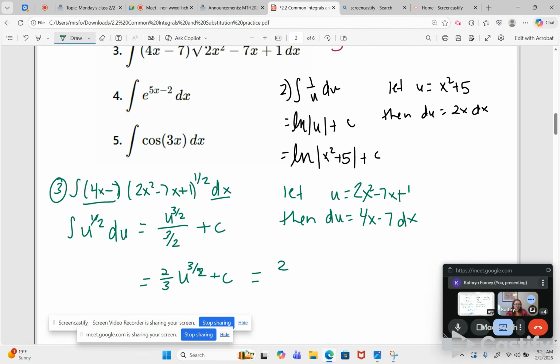So that is 2/3. Replace your u. And you can leave this the 3/2. If you wanted to, you could rewrite that in the form of a radical, but I just think this is fine.